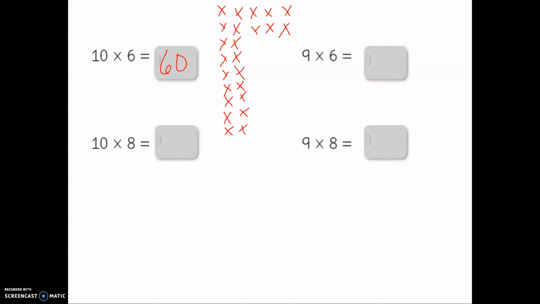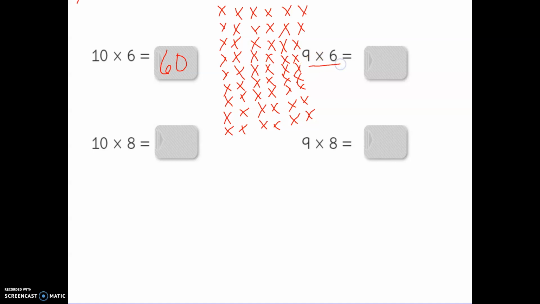So I'm going to pause and finish that. All right, I have my array for 10 times 6 finished. I have 60, but my new problem is 9 times 6. So I'm not going to add a group. I'm going to take a group away just by simply crossing off that last row. Now I can go ahead and count all those X's to figure out what 9 times 6 is.